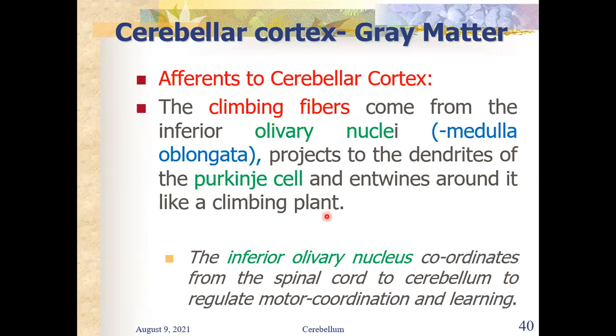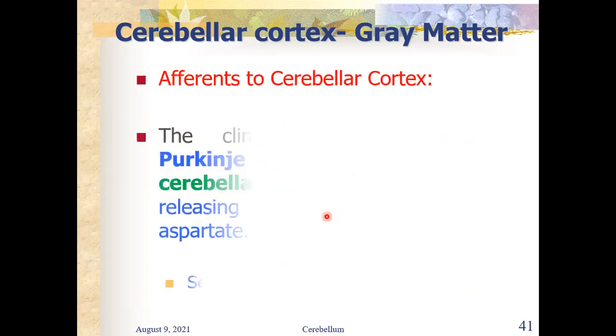So that inferior olivary nucleus coordinates information from the spinal cord. It receives impulses via the spinocerebellar tract to the cerebellum to help in regulating motor coordination and motor learning.